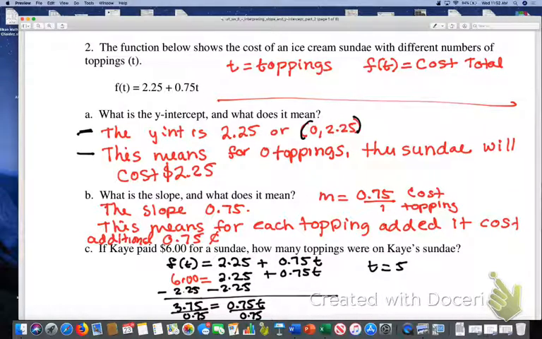Now, what does that mean? That means that you bought 5. For $6, you can get a sundae with 5 toppings. It's like Cold Stone. Okay, question?